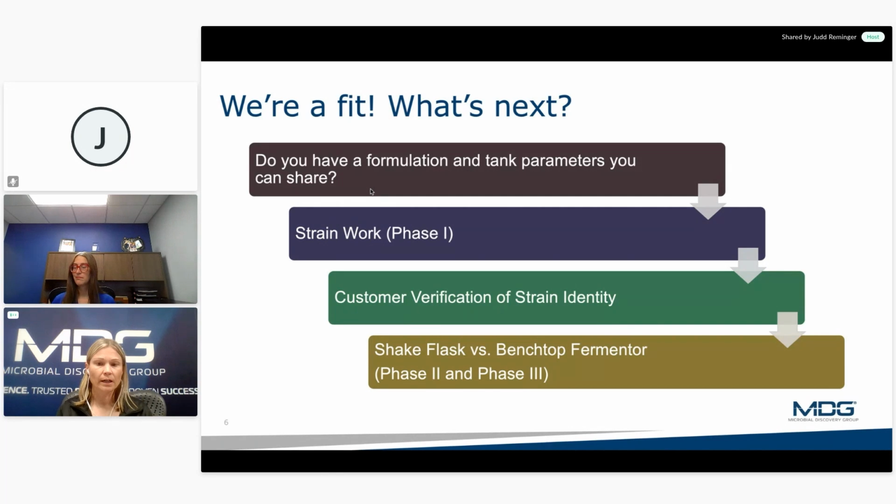We generate a DNA fingerprint with our in-house methods and look to verify that that is all one strain. Once we have verified that it is one strain, we will use your source plate to generate our own cryo vials or working cell banks. And through that process, in the end, we generate another streak plate, which we send back to you, the customer, to verify what we have made in-house is what you're expecting. So basically the strain you sent us is the strain you get back. So that's really that phase 1.